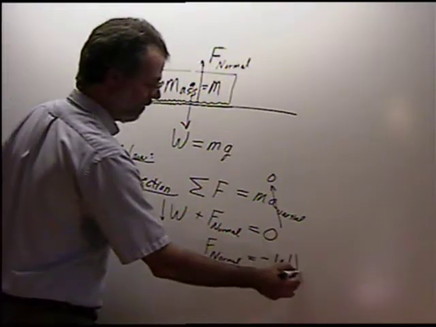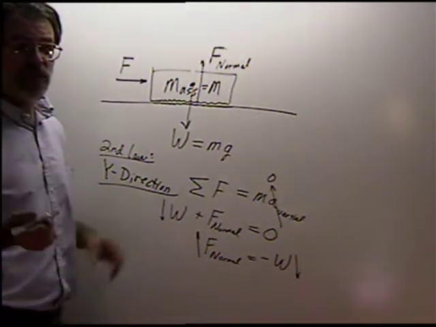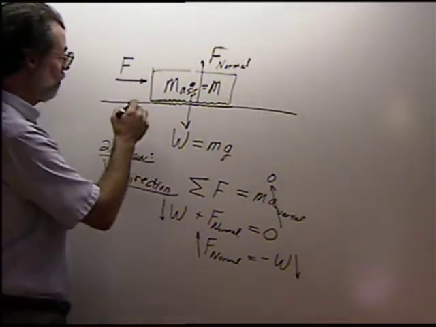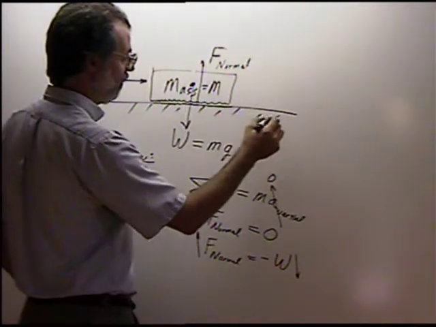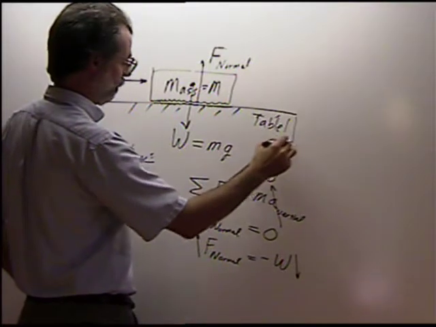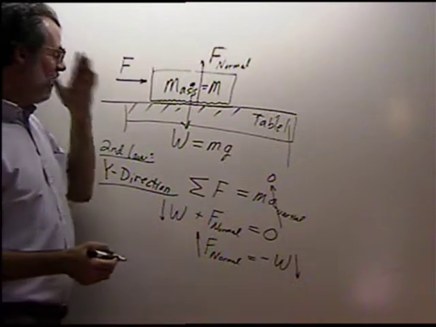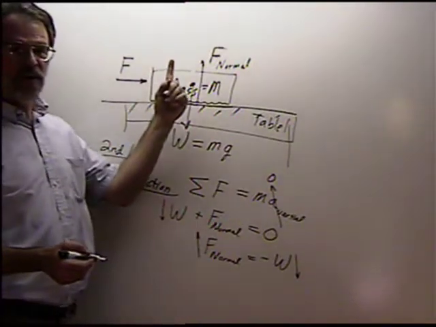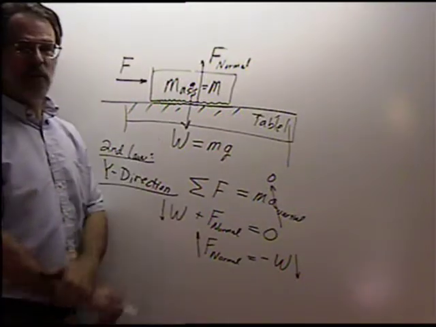The weight acts down, the normal force must act up. Okay? How do we interpret the normal force? Remember the situation of the wall? If this is a table, it's basically the table pushing back on the weight of the mass.